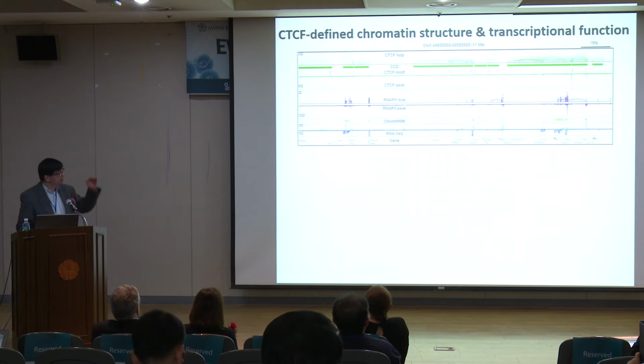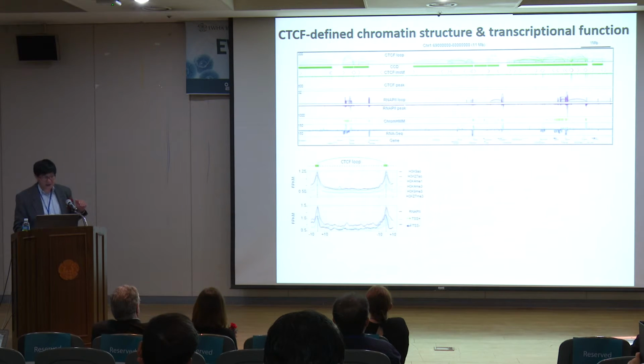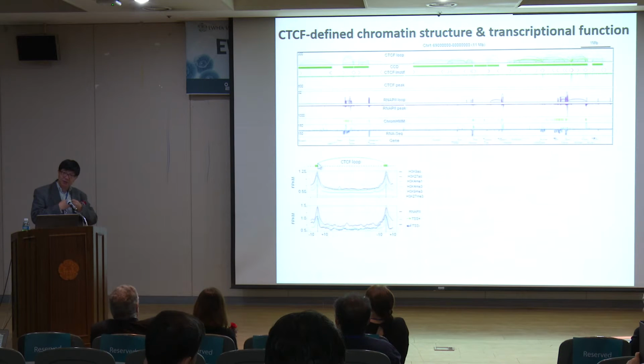So now, by putting the CTCF ChIA-PET data and the RNA-Pol2 ChIA-PET data together, you can see that most of the RNA-Pol2 activities actually take place in the CTCF looping anchor regions.